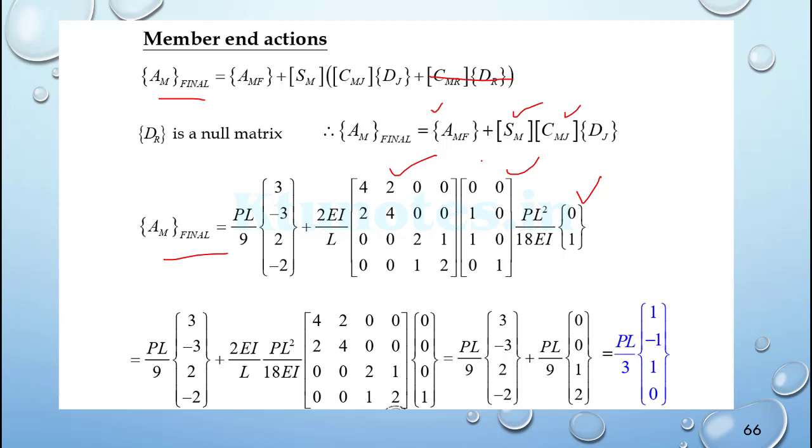Then again simplifying, we'll get the value as PL by 3 into 1, minus 1, 1 and 0.